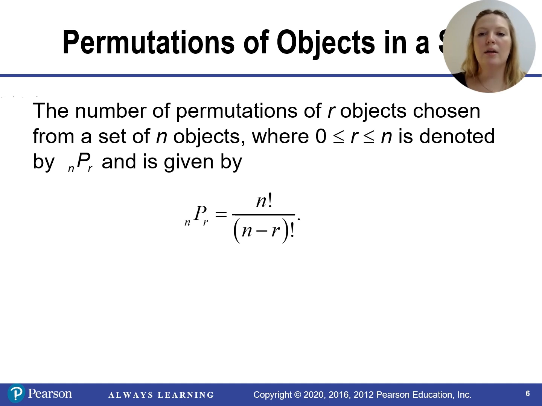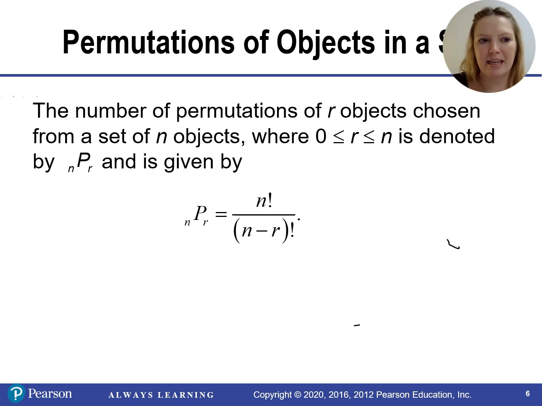Okay, so this example is actually following a rule that we have for finding the number of permutations of objects in a set. So the number of permutations of r objects chosen from a set of n objects, where r is between 0 and n, is denoted by nPr.